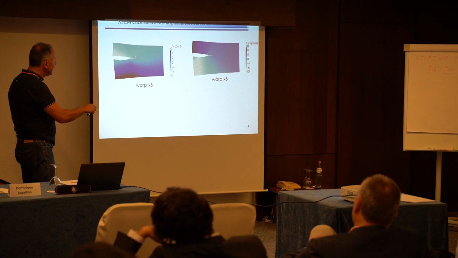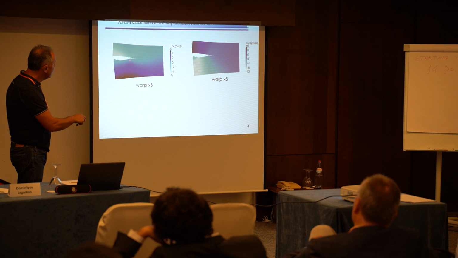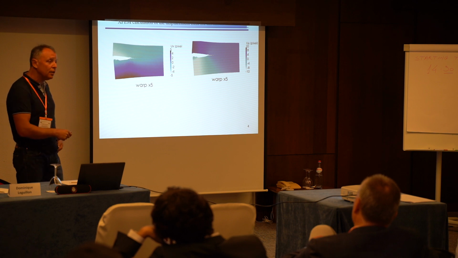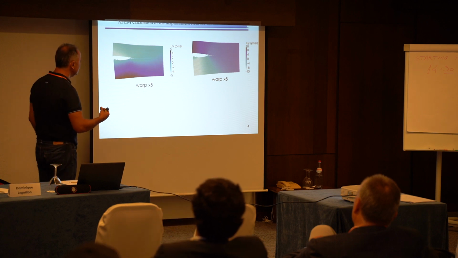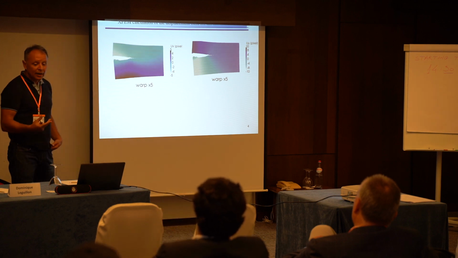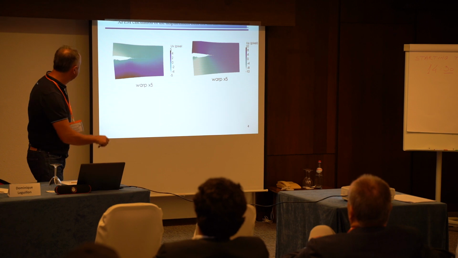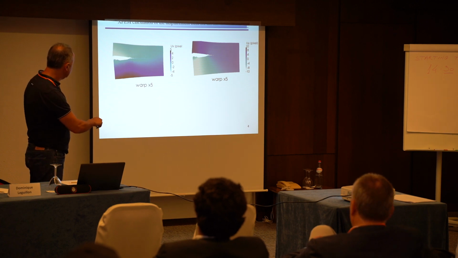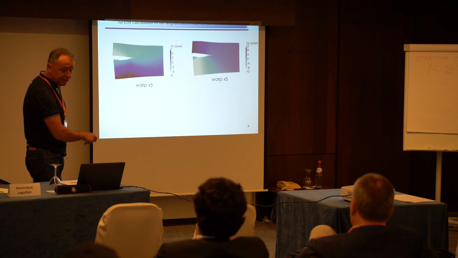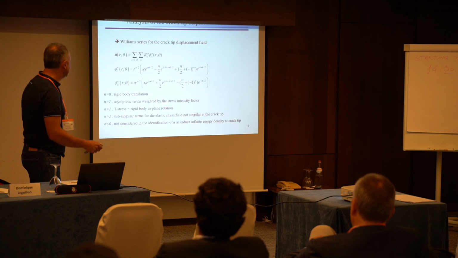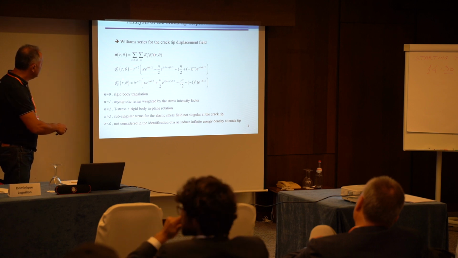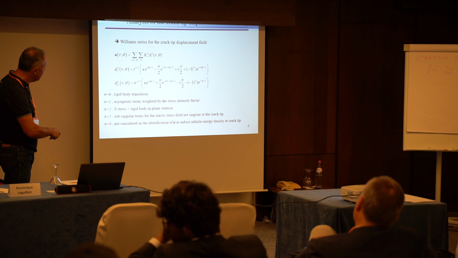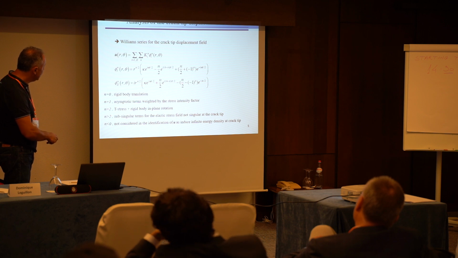And the point is that here, looking at the local displacement field is not reliable, whatever the degree of refinement that you can have with your speckle. So the idea is not to look at the displacement field here, but to look at the far-field, the crack fields. Looking at those, you have the Williams series with the mode 1 and mode 2 terms and the different contributions that are reported here.